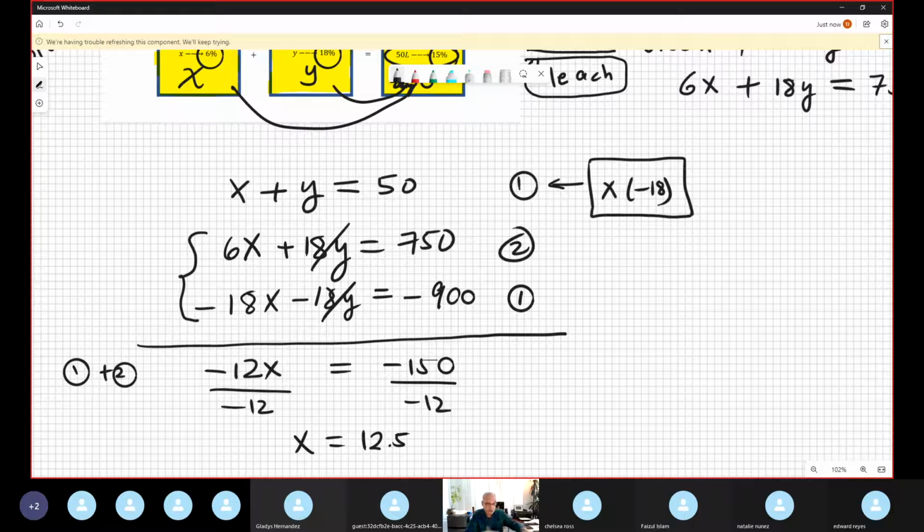Okay, 150 divided by 12, we check with the calculator. 150 divided by 12, 12.5. What does 12.5 mean? What unit is this? Is this the second? This is the strawberry. This is the mile. This is the mile per hour. What is 12.5? What does it mean?